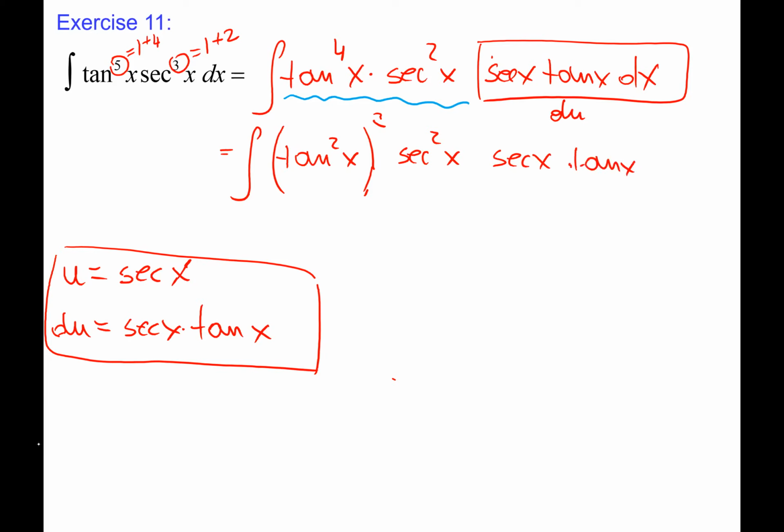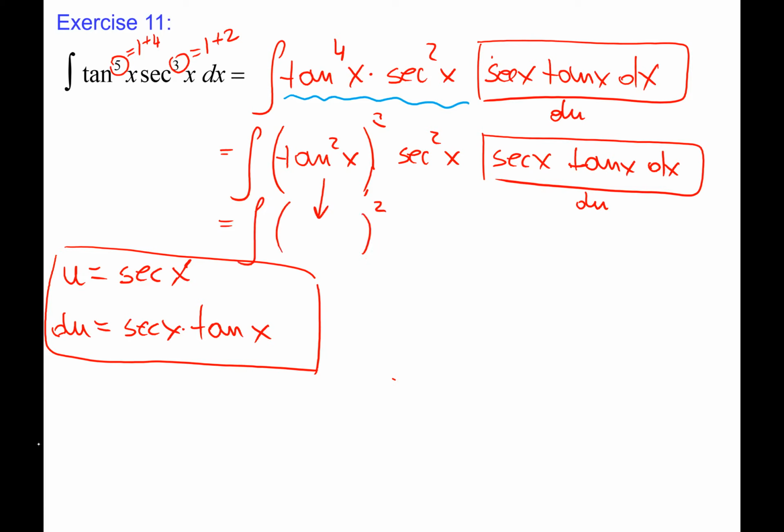I will just rewrite my box, which I really need to keep. This is du. I will need tangent squared of x in terms of secant. Who can tell me this? It's secant squared minus 1, Joseph is saying, and I think it is. As I said, I always have to think if it's plus or minus, but now it is secant squared of x minus 1.